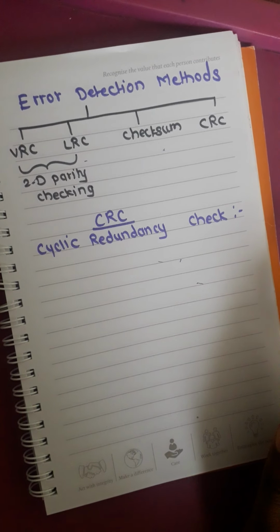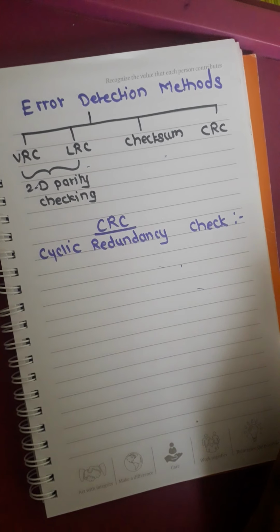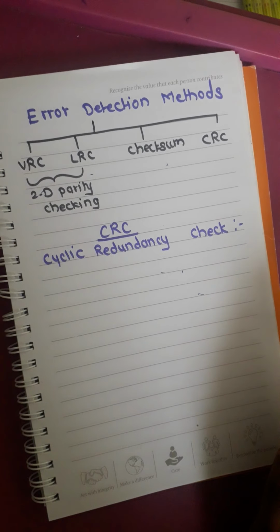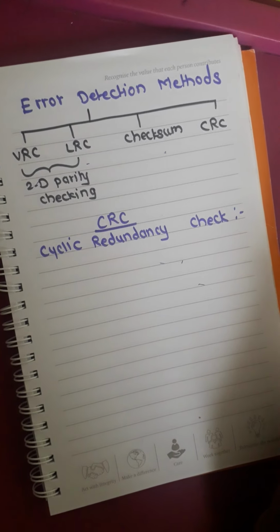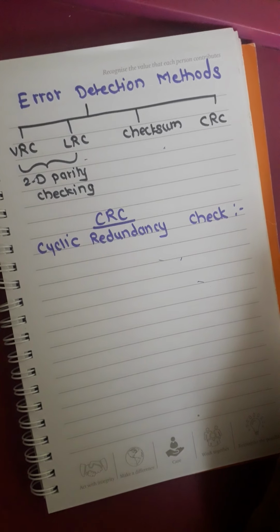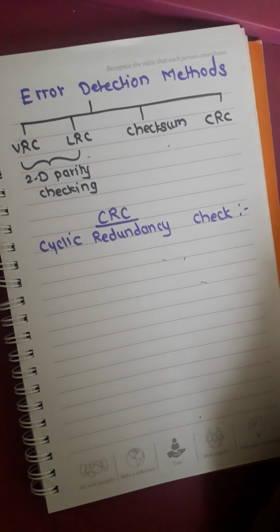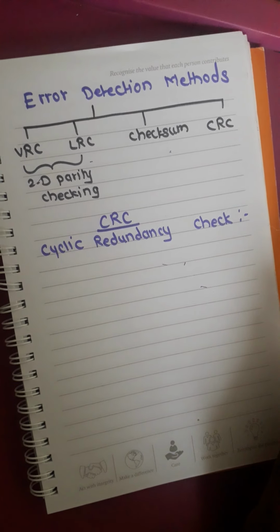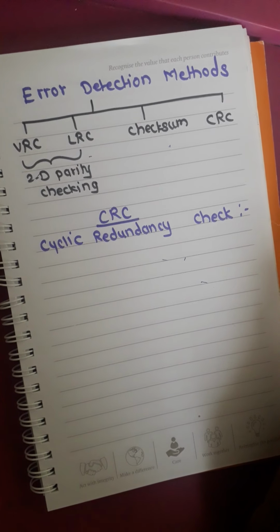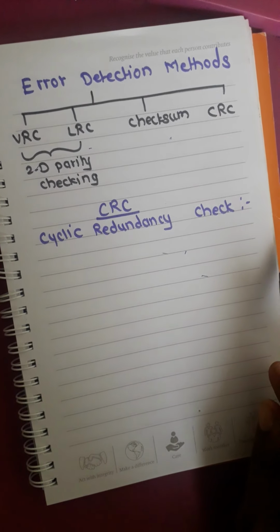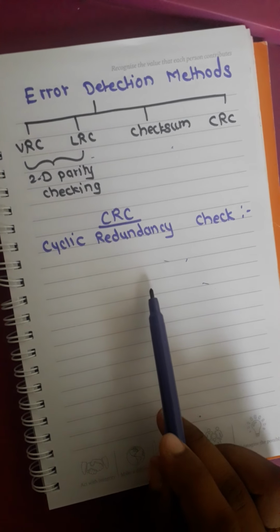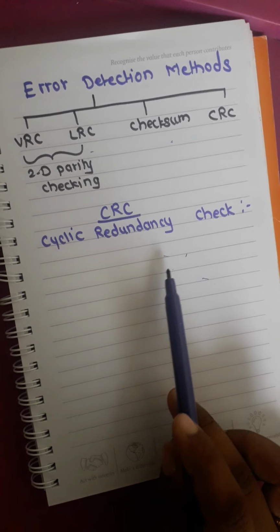The receiver cross-verifies whether the received CRC and the calculated CRC are equal or not. If not, the receiver identifies there is an error in the received data. If everything is correct, it has received the correct data, so it will pass the data to the network layer, right?